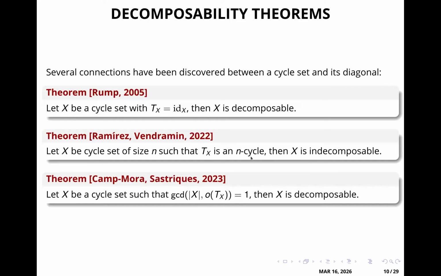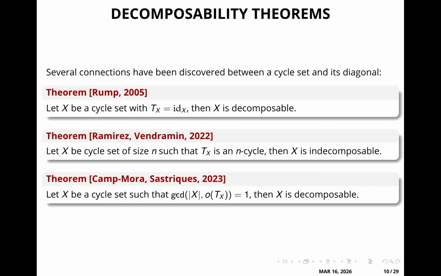On the other hand, there's a theorem of Cedó and Castelnuovo, which tells us that if the order of the diagonal is coprime to the order of x, then a cycle set is again decomposable. And the original proof is a bit complicated, involves group theory, but it turns out that with the so-called cabling machinery, this proof is maybe a third of a page.